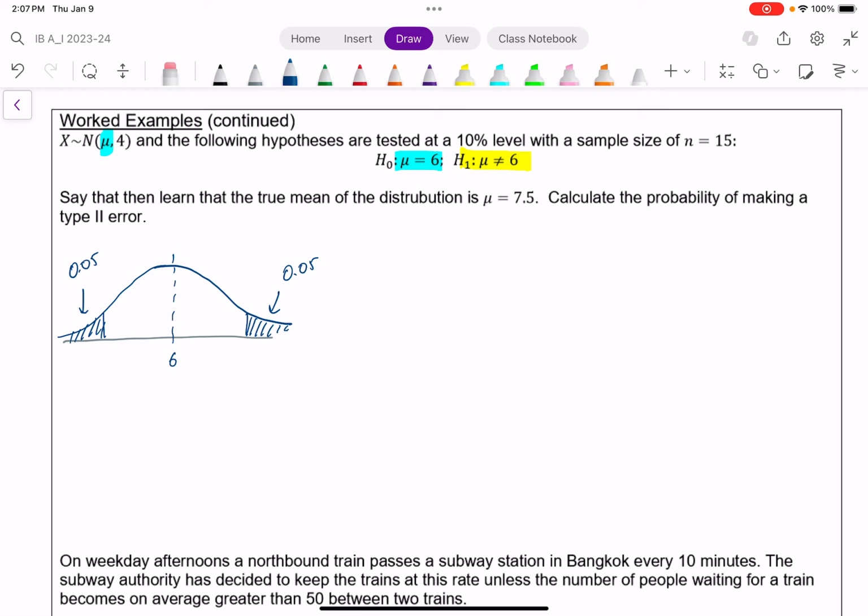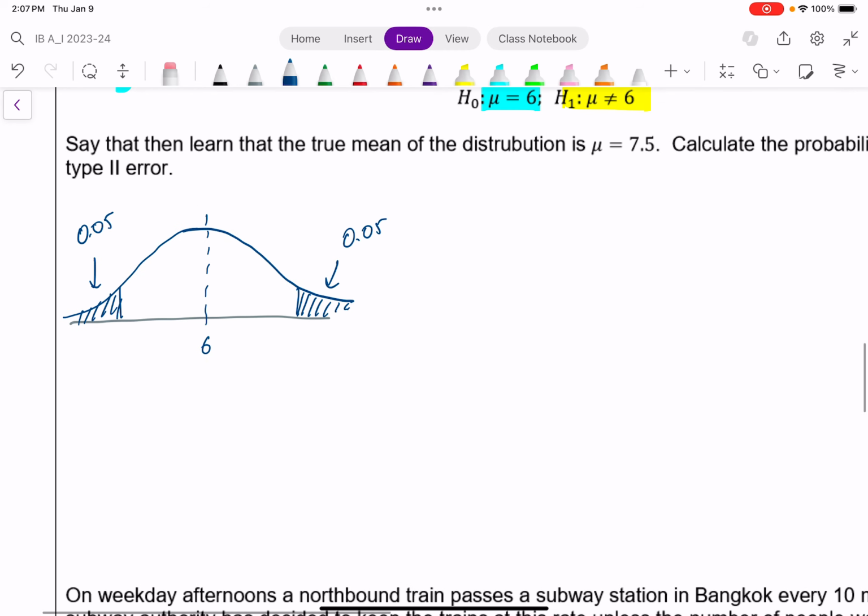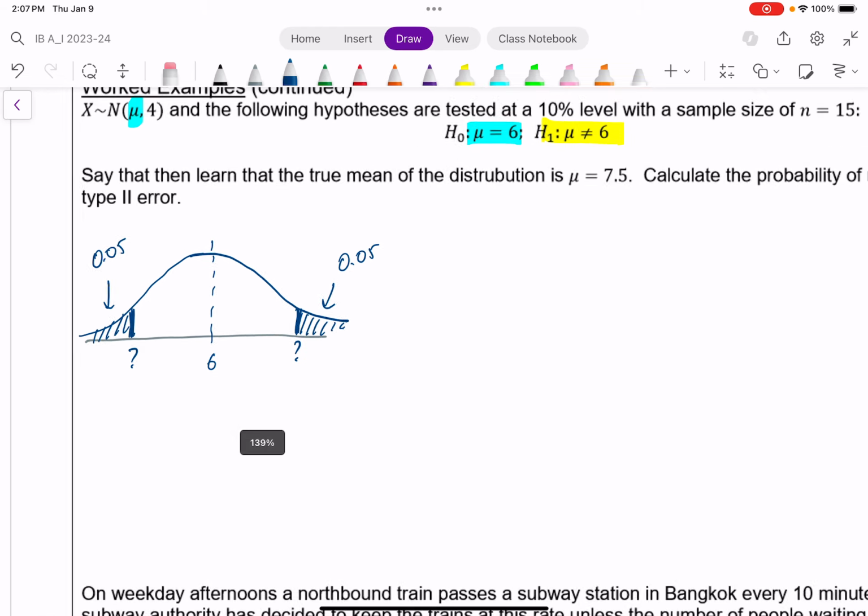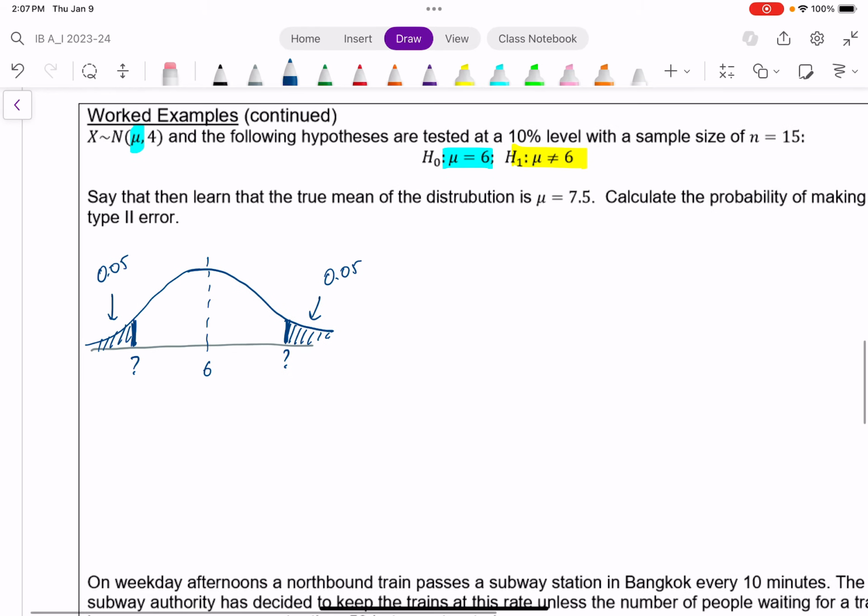And keep in mind, like I mentioned before, each of these is 5% of the total area, or 0.05 as a decimal. So what I first want to do is figure out what this value right here is, and what this value right here is. What are the critical values for this two-tailed test, these 2 critical regions? And since we are looking at a sample, we are going to go with our null hypothesis of the mean being 6, but the variance, keep in mind, is for the whole population.